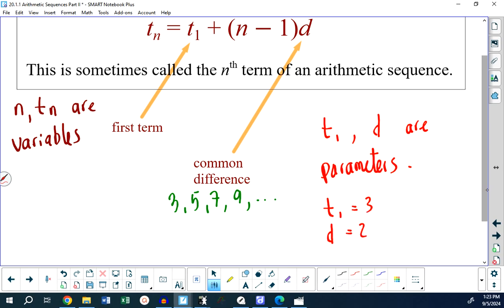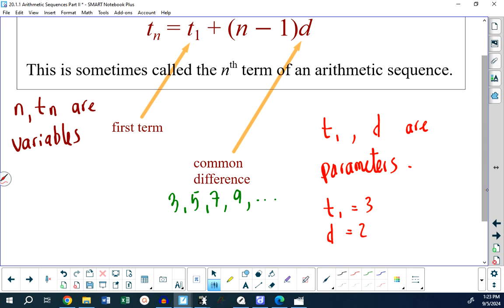And I hope you would agree on that. Yes? Okay. Whether we're talking about this term 9, or the second term 5, or the 100th term, whatever it is, what's written in red is true for every term in this sequence. The first term in the sequence is 3, and the common difference is 2. It doesn't matter which term we're talking about. These numbers define the sequence.